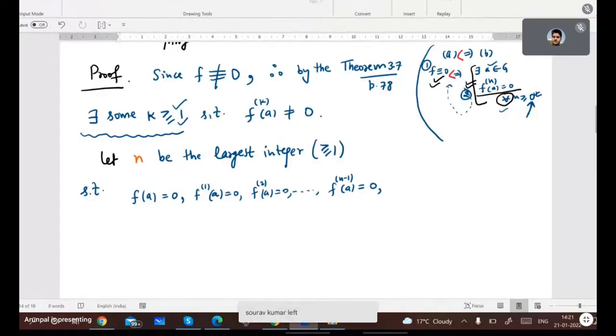Let n be the largest integer such that the derivatives of first order, second order, and up to n minus 1th order are 0. I am saying it this way. Is this okay now? Yes, sir.